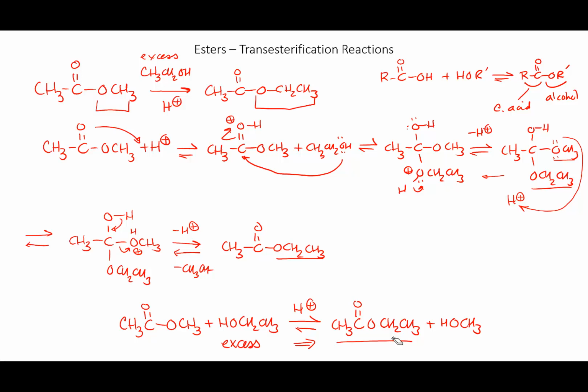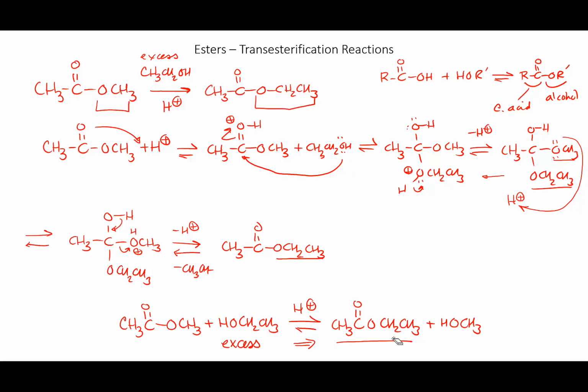So we just use Le Chatelier's principle and react the ester with an excess of the alcohol we'd like to transesterify with, and the H+. And so we end up pushing that equilibrium to the right.